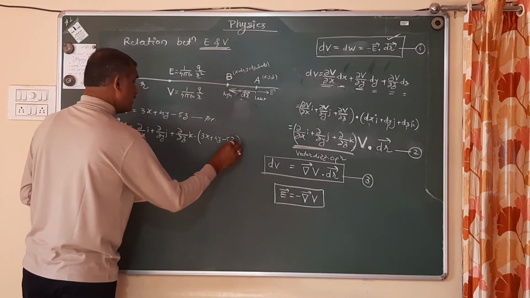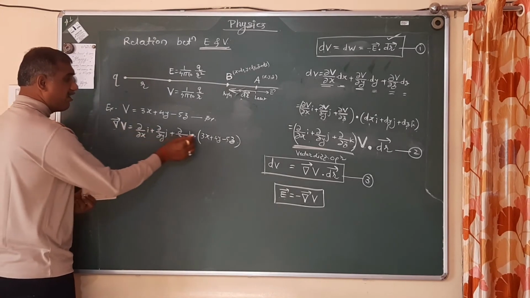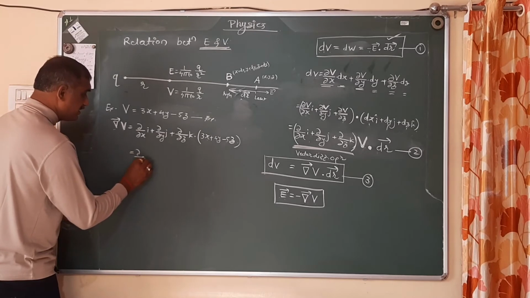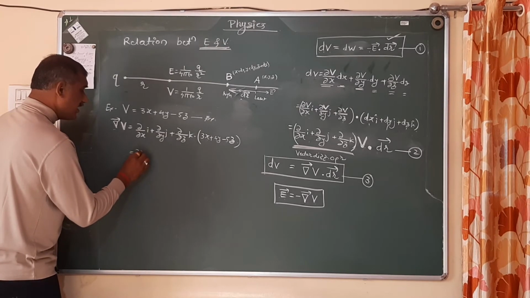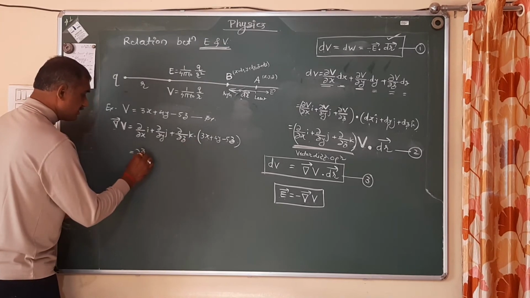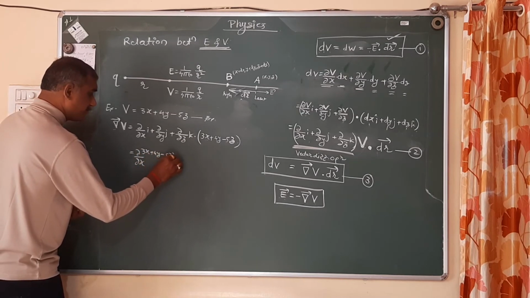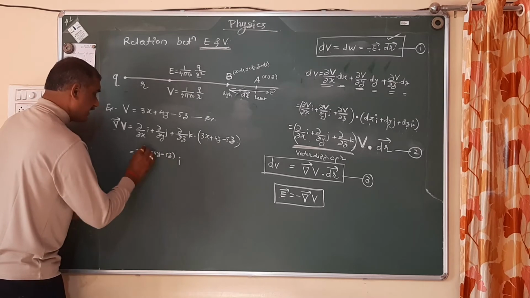Now look at this: del x i operated on 3x plus 4y minus 5z can be written as del x operated on 3x plus 4y minus 5z, into unit vector i.